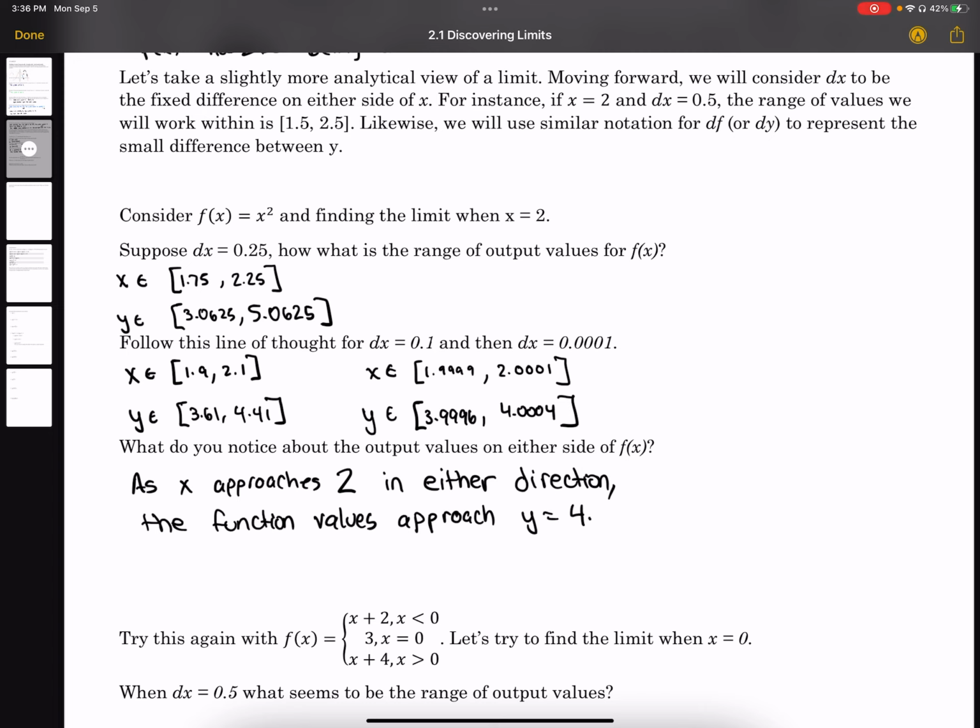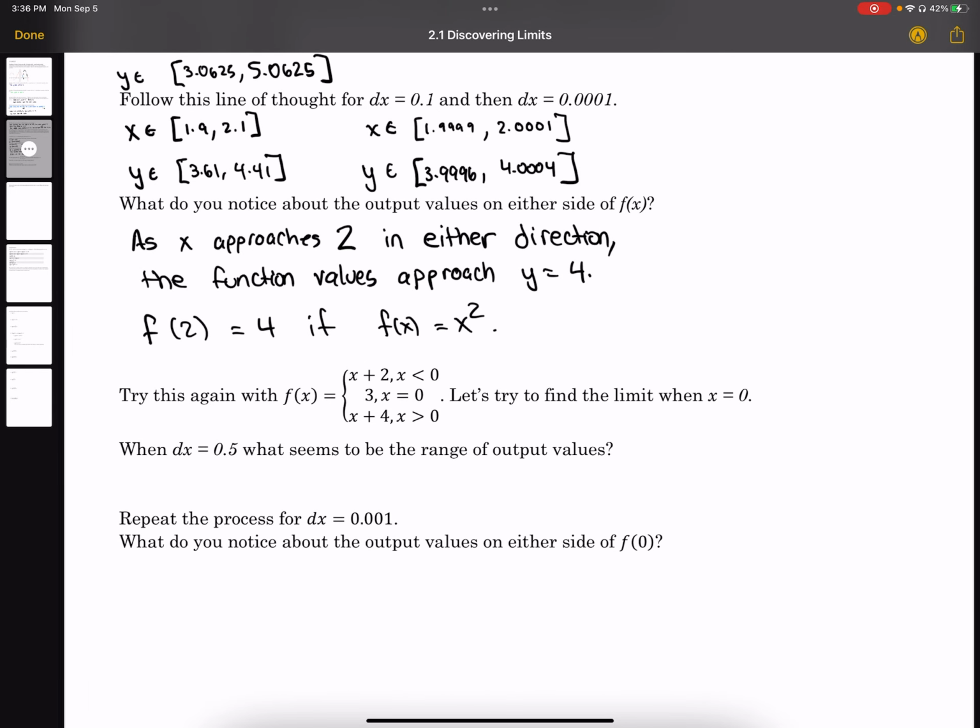And that actually makes sense because we know that f of 2 equals 4 if f of x equals x squared. So this is a numerical approach to finding the limit. Now, obviously, you need a calculator to do these calculations, but that's kind of the same process.